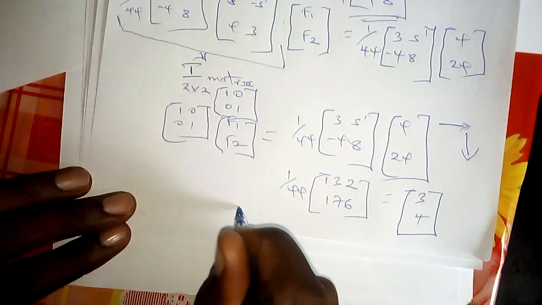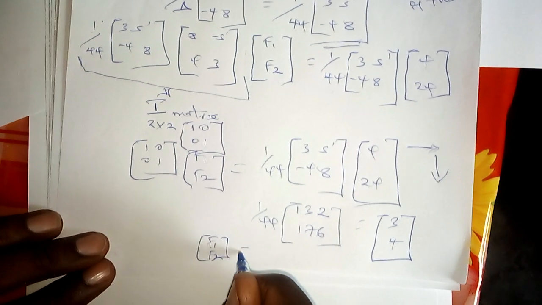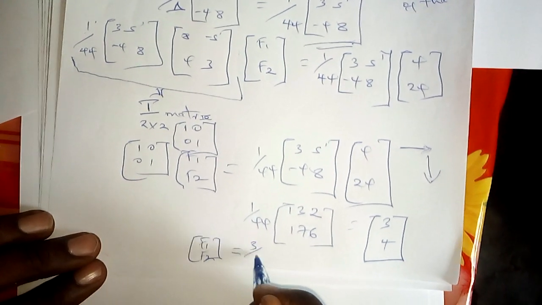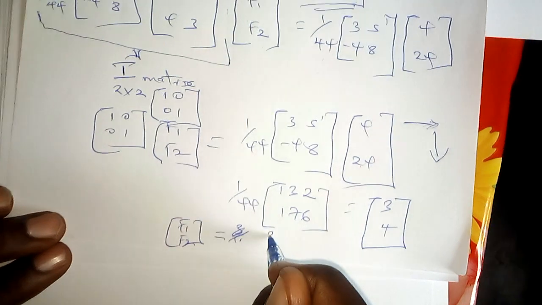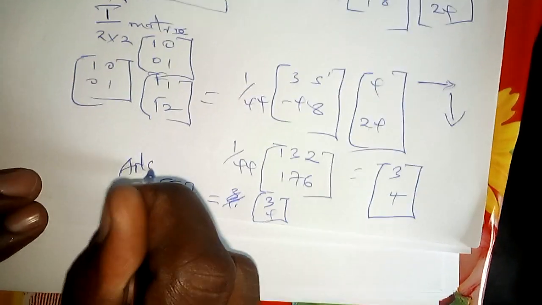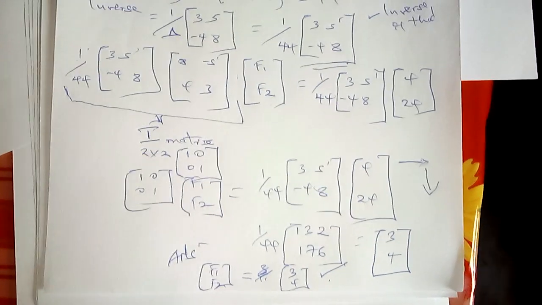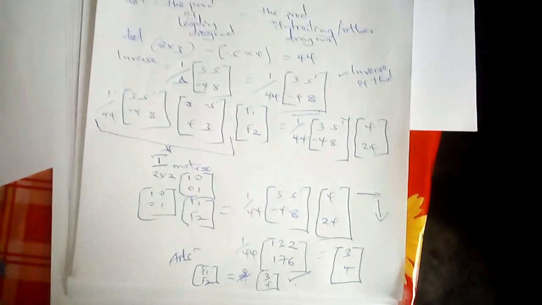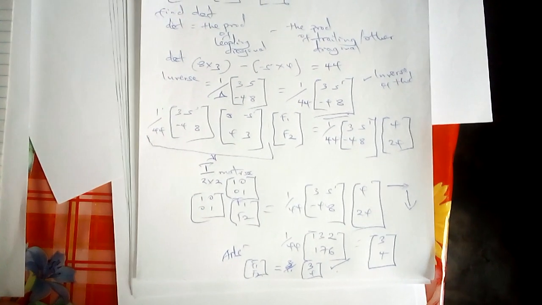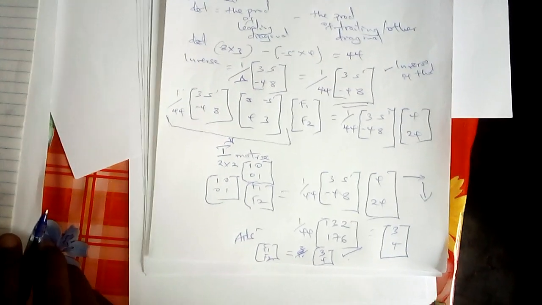Now the F1, F2 matrix is equal to 3, 4. This is your answer. We are done with the inverse method for a 2x2 matrix, given the simultaneous equation.